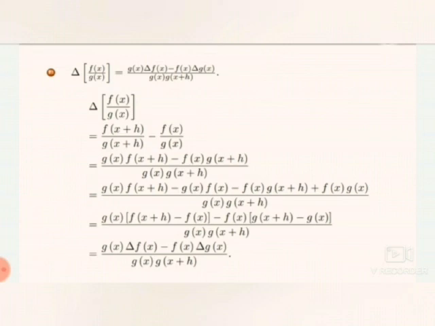If you multiply minus f of x with g of x plus h and g of x, we get the middle value as plus, because minus into minus is plus, so there is no change. So when you add and subtract some values, there is no change because a negative and positive cancel that value. And see, it is a very simple calculation.